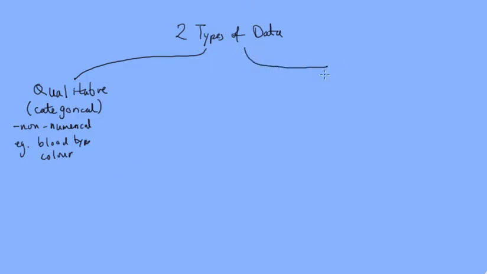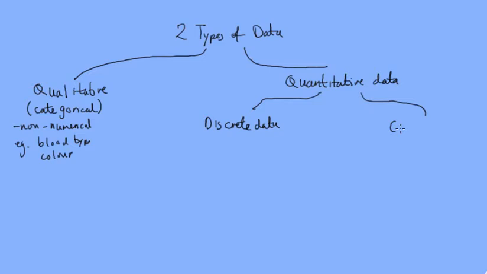The second type is quantitative. And we can further divide quantitative data into two other groups. The first group would be discrete data, and the second would be continuous.